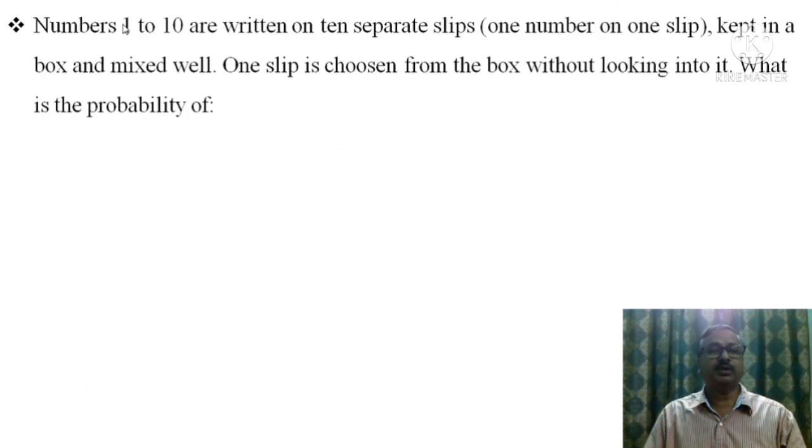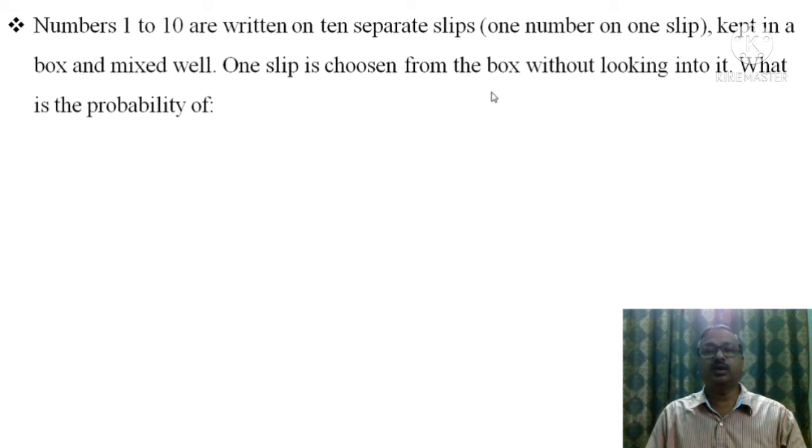Now the next question: numbers 1 to 10 are written on 10 separate slips, one number on one slip. There are 10 slips, with numbers 1, 2, 3, 4, 5, 6, 7, 8, 9 and 10, kept in a box and mixed well. One slip is chosen from the box without looking into it.